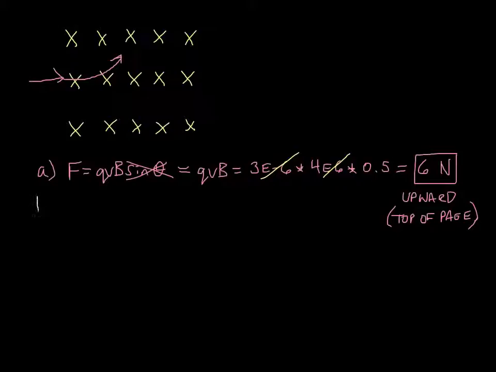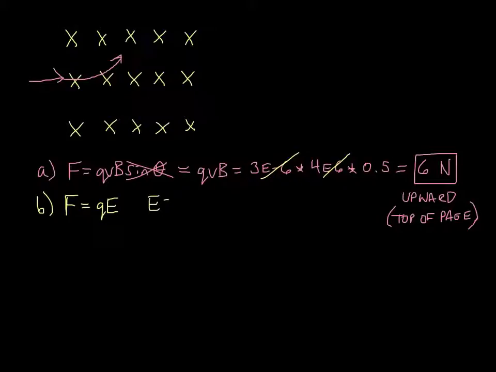For part B, determine the magnitude and direction of the electric field that would need to be applied in the same region as the magnetic field in order for the charge to move through undeflected. So the force due to an electric field is just Q times E. We want the forces from the magnetic field and the electric field to balance each other out. So the force from the electric field has to exactly equal the force from the magnetic field, which you just got as 6 newtons.